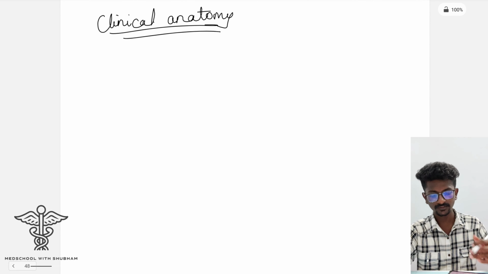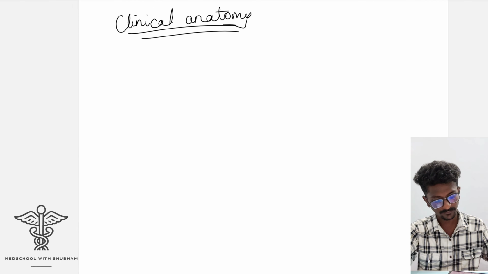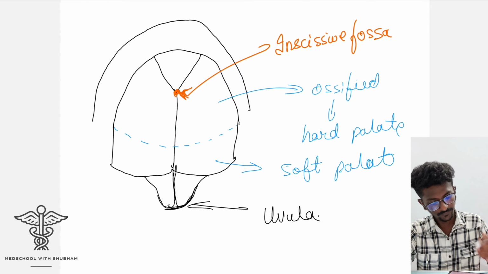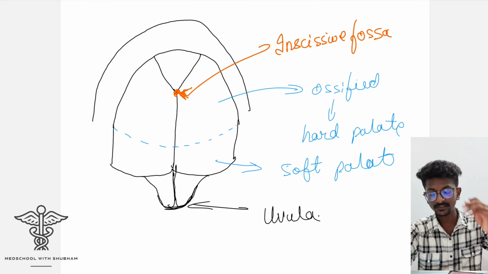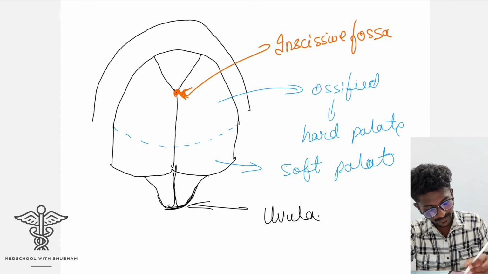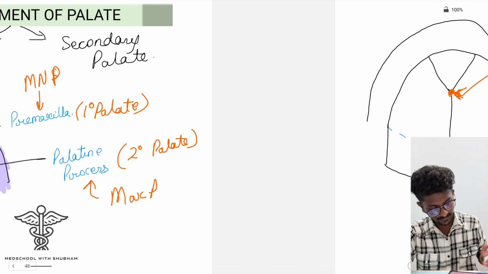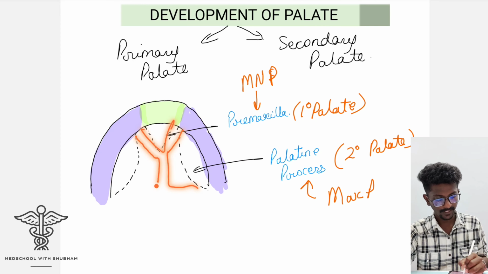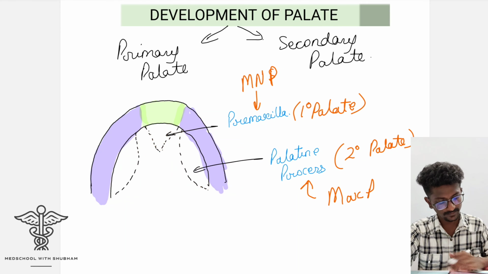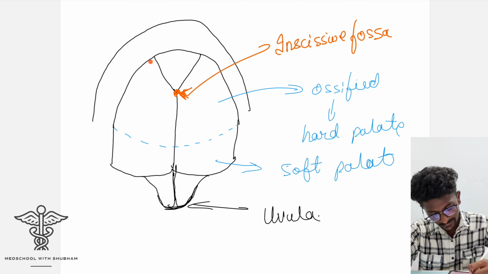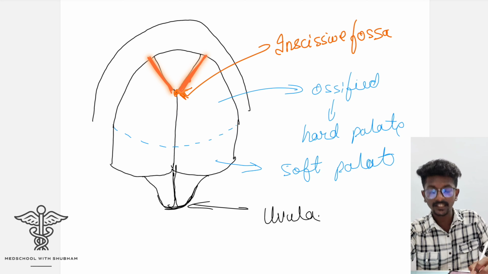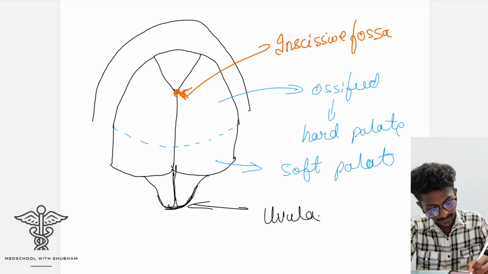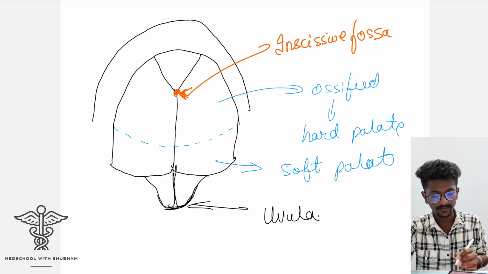We have this incisive fossa. Now let's learn about the clinical anatomy. What will happen? Now the first clinical anatomy is, if the palatine process doesn't fuse with the premaxilla, then what will happen? In the anterior side, there will be a breach or a cleft in the palate.